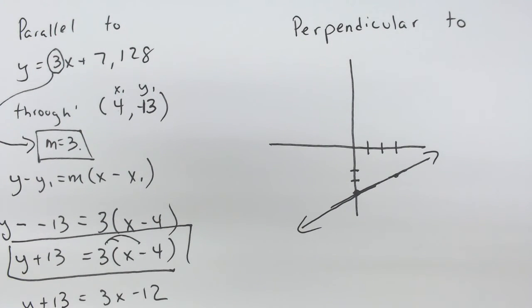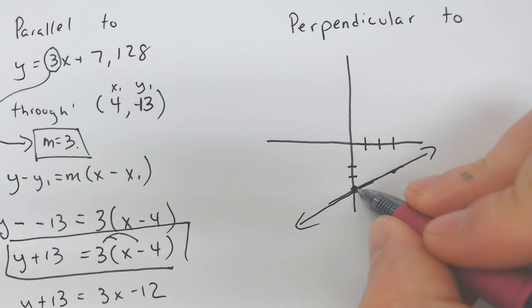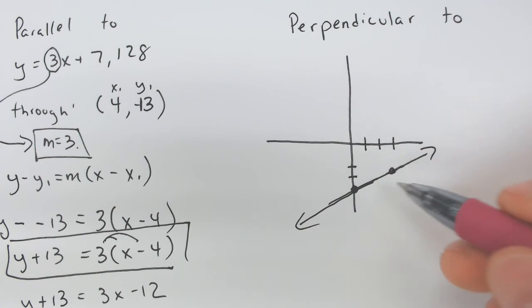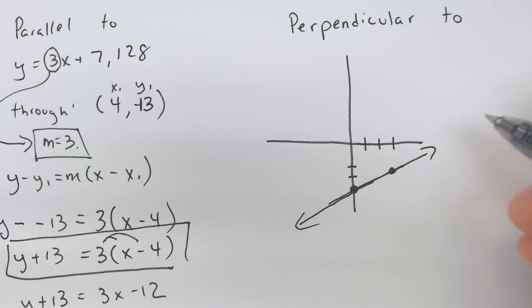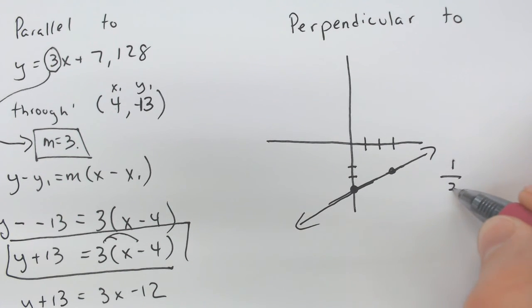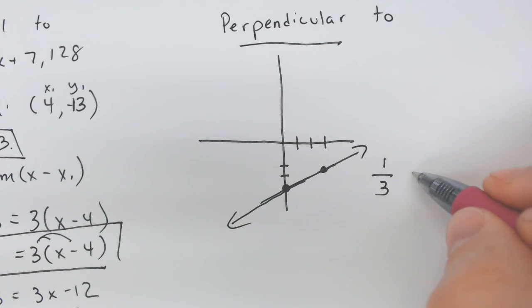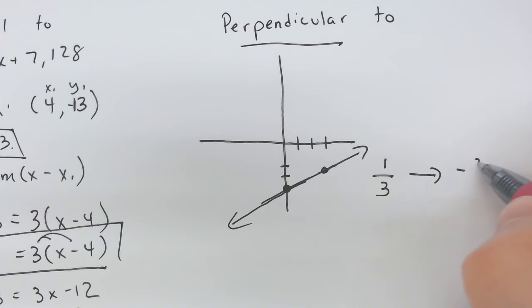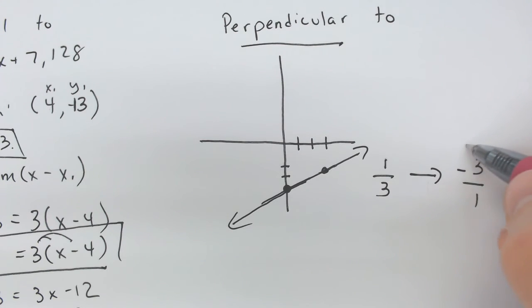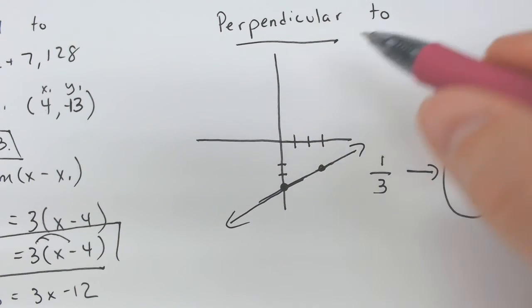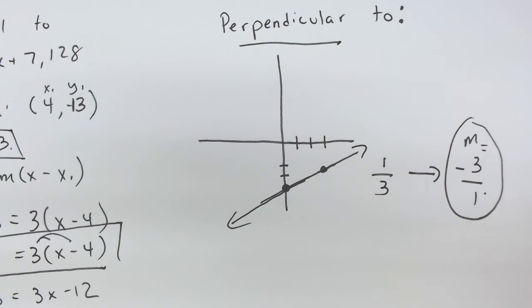Sorry, you didn't get to see a little bit of there. So perpendicular to that graph, we went up by 1, over by 3. So if the current slope of this graph is up by 1 and over by 3, what would be perpendicular to that? Well, perpendicular to that would be negative 3 over 1. And that is the slope that we will care about. So it's going to be perpendicular to this graph. Check, we got the perpendicular slope.